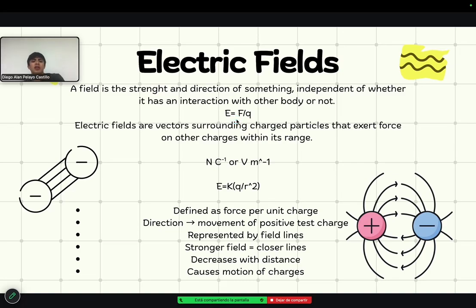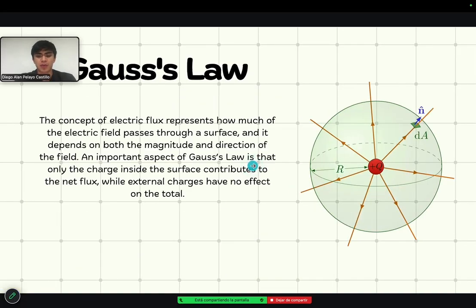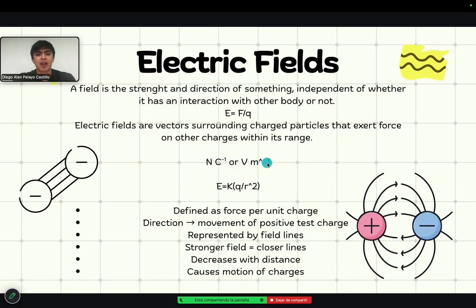Electric fields are known to be vectors surrounding charged particles that exert forces onto other charges within their range. This is how they are represented, and this is also another equation where, as we mentioned before, the r squared determines how the field changes as it increases or decreases.